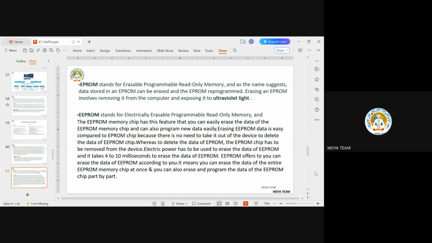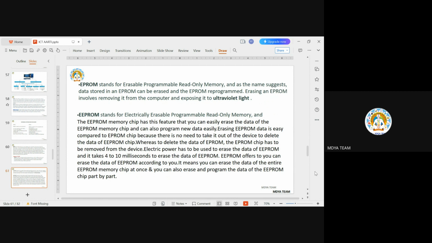Through ultraviolet light. When we expose the memory to ultraviolet light, all the data will be removed. The key point here is ultraviolet light to remove the data in the EPROM.